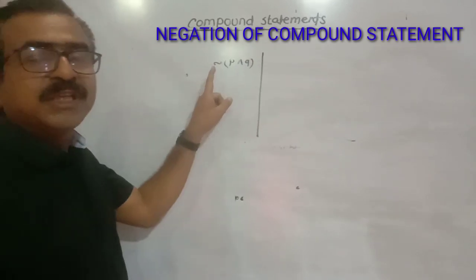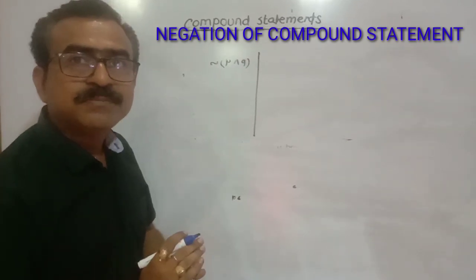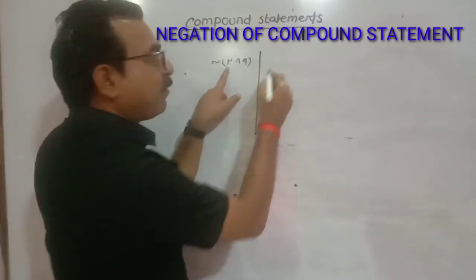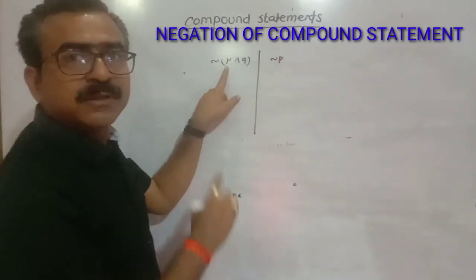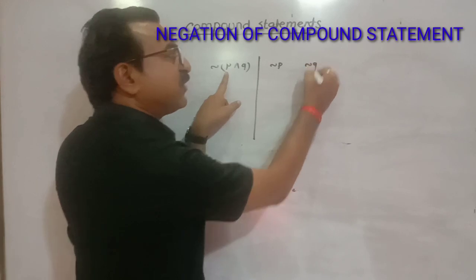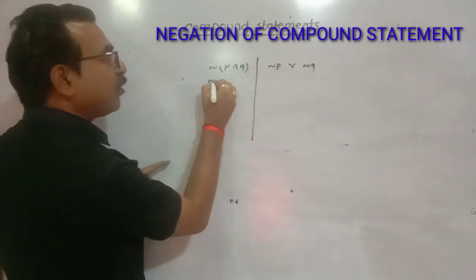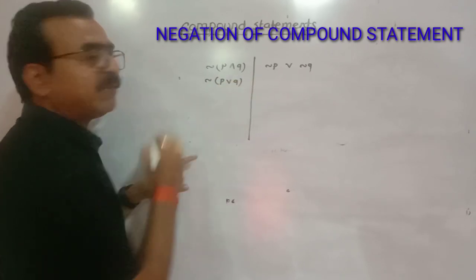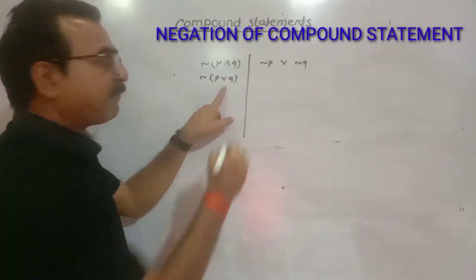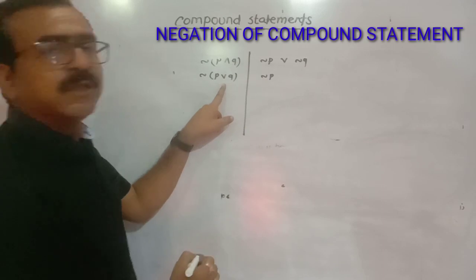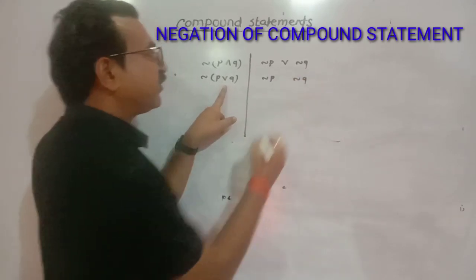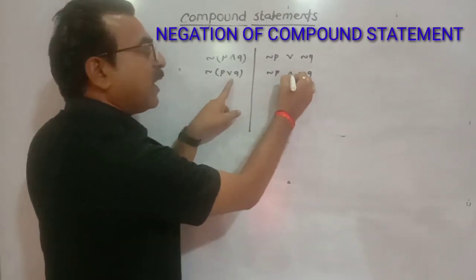In the case of a conjunction statement, initially perform the negation of the first statement, then perform the negation of the second statement and replace and by or. In the case of a disjunction statement, here also perform the negation of the first statement, then the negation of the second statement and replace or by and.